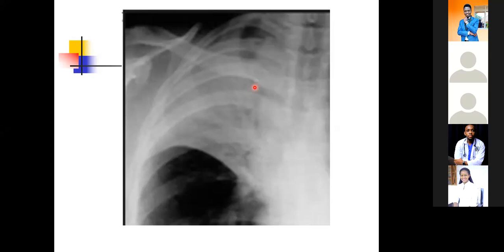But the moment you put two structures together and they have similar degrees of opacities, it means there is no contrast between them and you won't be able to see the boundary between them. So what we are looking at here, this is gray, and the mediastinum here is gray.